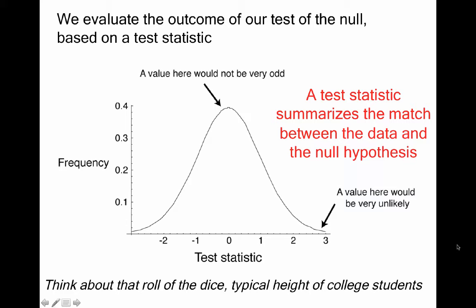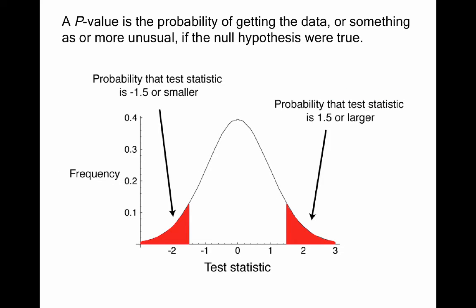Then when we test different sets of data, we'll be matching our test statistic with the null distribution for that test statistic, the distribution you would get if the null was true. Essentially, if you imagine the area under that curve is a whole unit equivalent to 1, we can use the position where the test statistic falls to give us an idea of the probability of getting that test statistic if the null hypothesis is true.